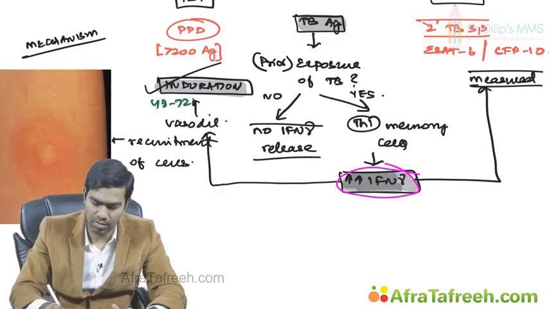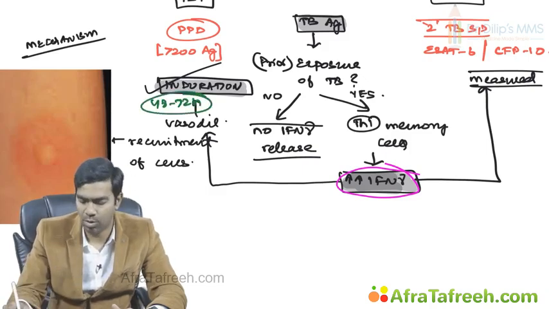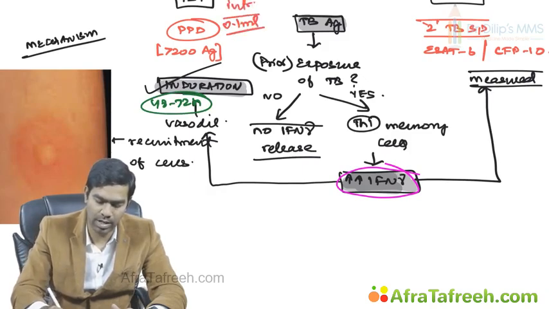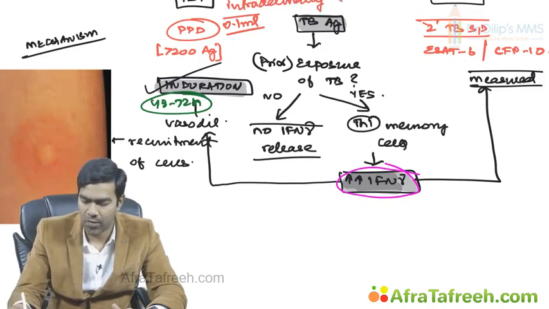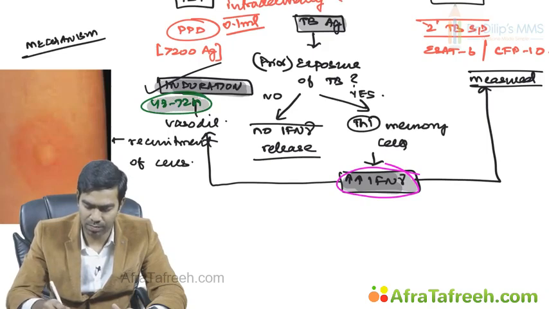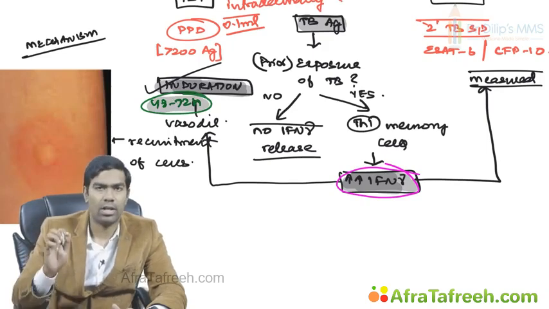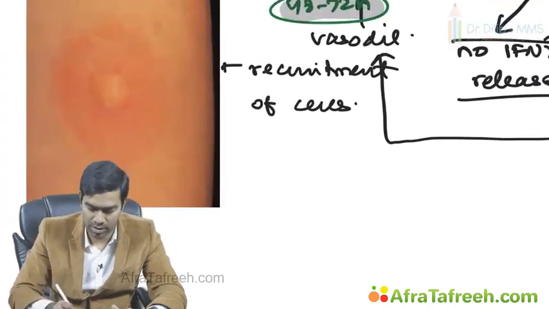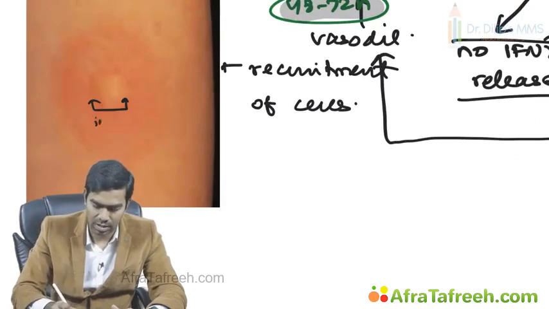Appropriate time is 48 to 72 hours. The amount of PPD that is injected will be 0.1 ml approximately. That should be done intradermally. All these points are also important. Intradermally it will be done, and induration should be checked approximately around 48 to 72 hours. And why I'm telling this point: because this is the induration here, and this is what you should measure.